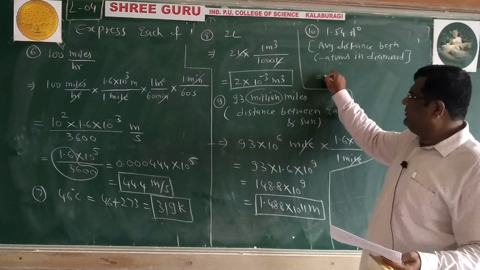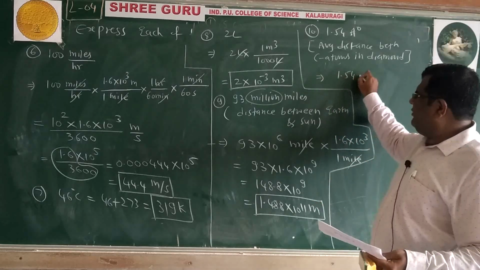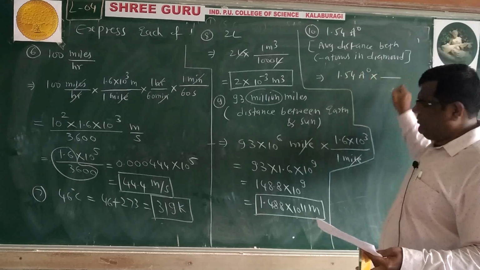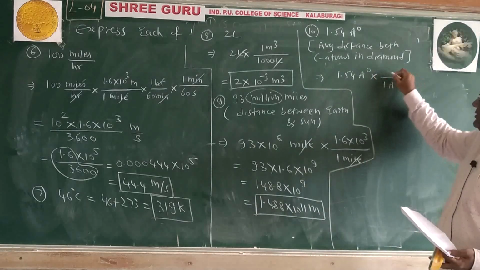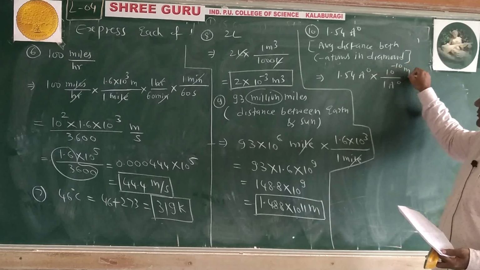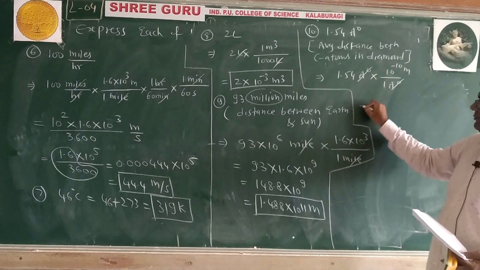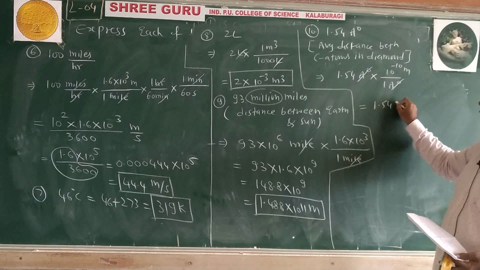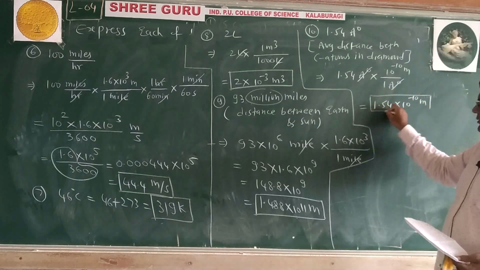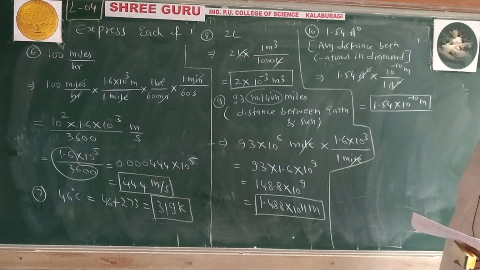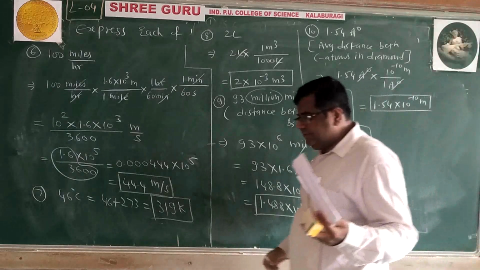Very simple. 1.54 angstrom unit, and I write 1 angstrom unit is equal to 10 raised to minus 10 meter. 1.54 into 10 raised to minus 10 meter. Right, very simple these examples are.